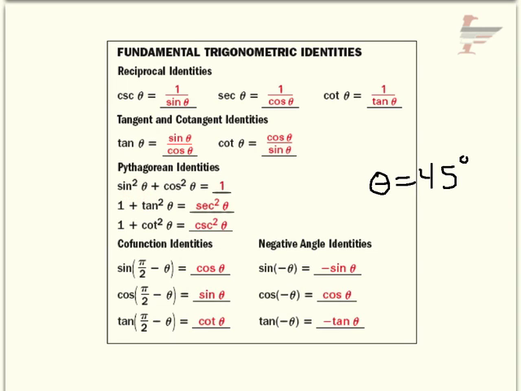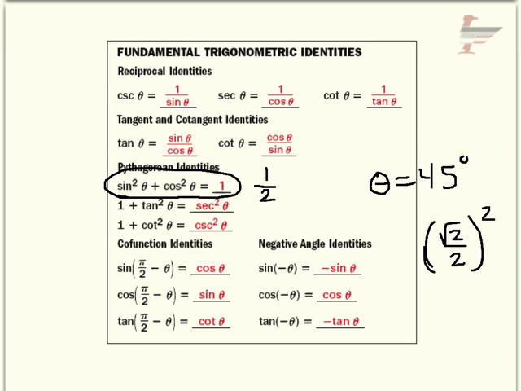So square root of 2 over 2 squared, because it's sine squared, that would be 2/4, which is 1/2. Well, then you know that cosine of 45 degrees is also the square root of 2 over 2, and if I square that, I get 1/2.